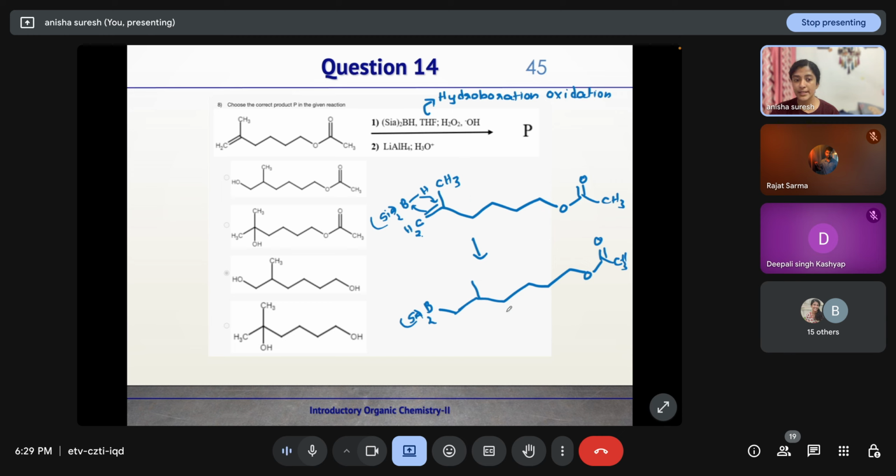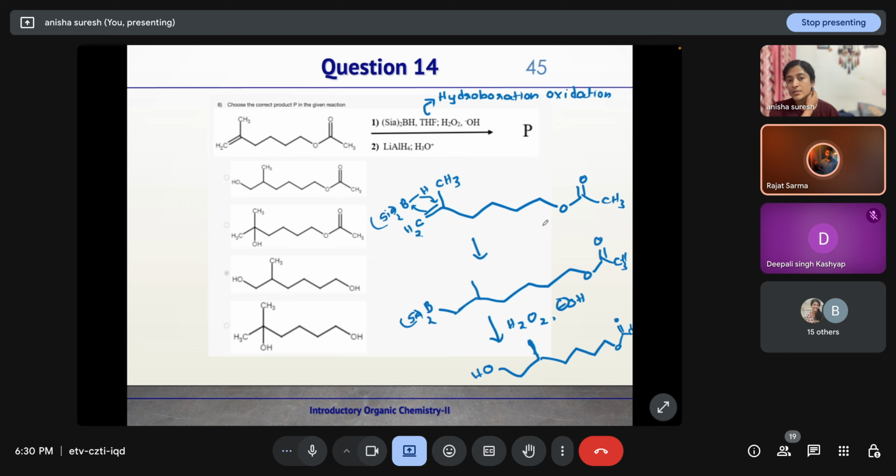Then upon oxidation with OH minus, this borane species will be replaced by OH. Yes, ma'am. So this will be the first reaction product.